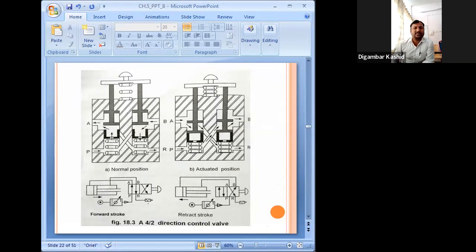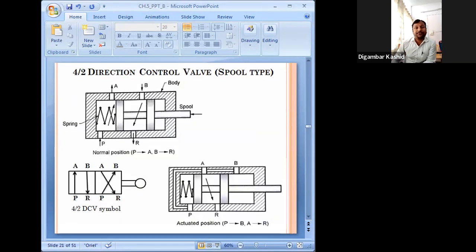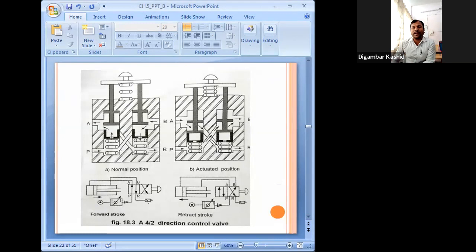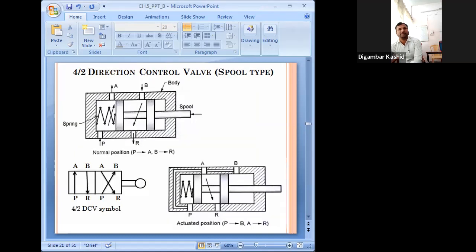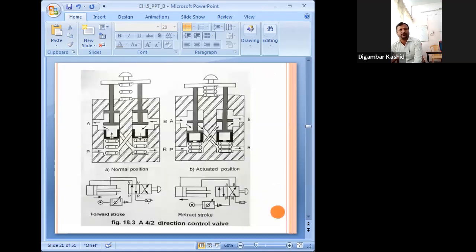See, these are the schematic diagrams. If an offline exam will be there, at that time you need to draw these diagrams, such diagrams and these symbols also. Normal position.